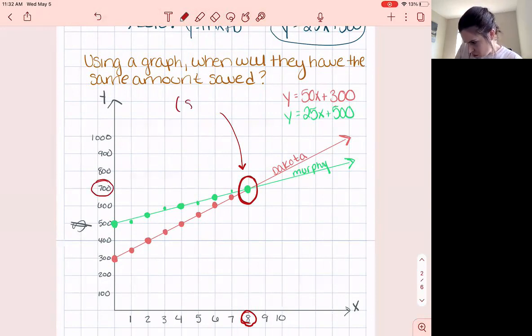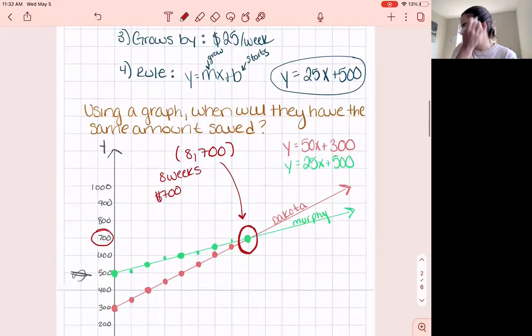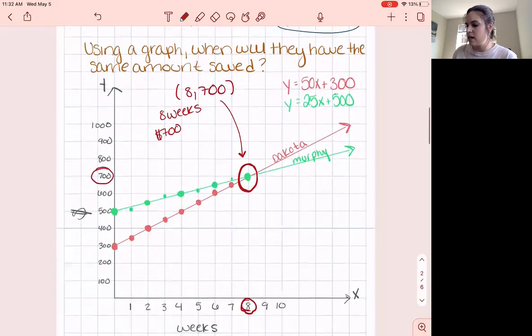So that's the coordinate point, 8, 700, or 8 weeks, $700. So we made 2 rules and then we graphed them both and we're able to answer the question about when they crossed. So that's the end of our right side notes.